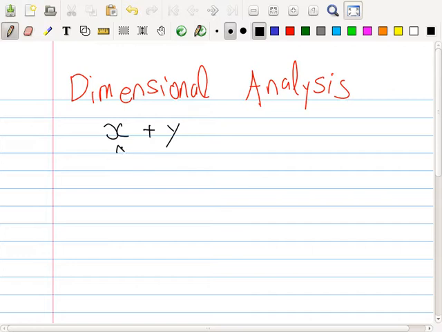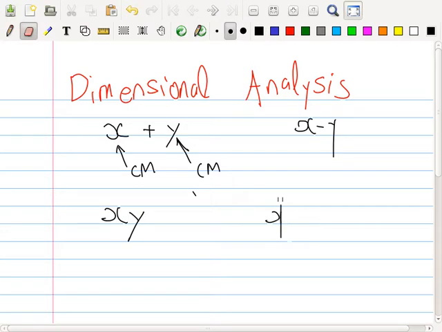So for example, if this is centimeters, then this one needs to be in centimeters as well. If I have x minus y, it's the same. Now what about x multiply y? Do they need to be the same units? No, they can be different units. Or the same goes for x divide y. So this one here, they need to be the same units. And this one here, they don't need to be the same.